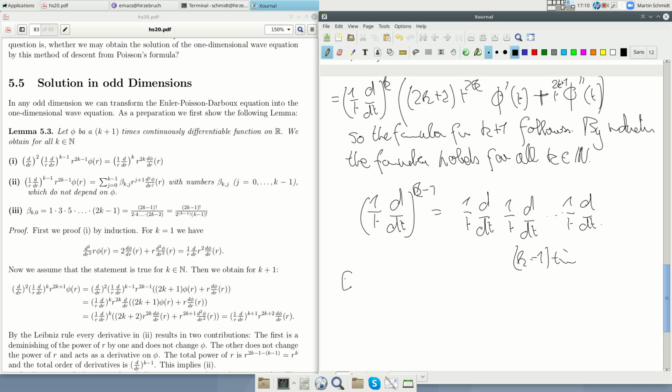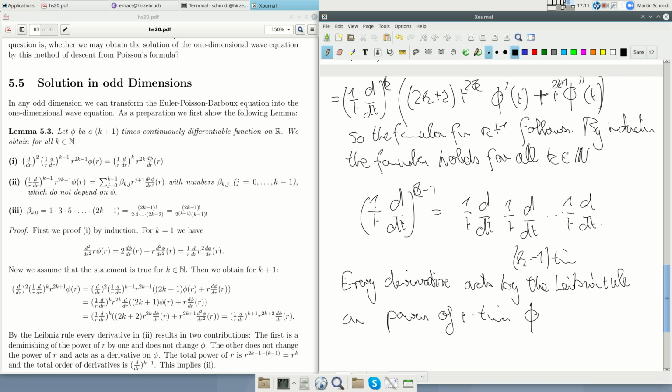Every derivative acts by the Leibniz rule on powers of r times phi of r times some derivative of phi.